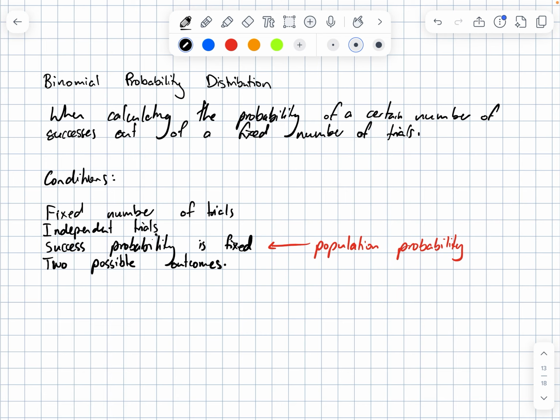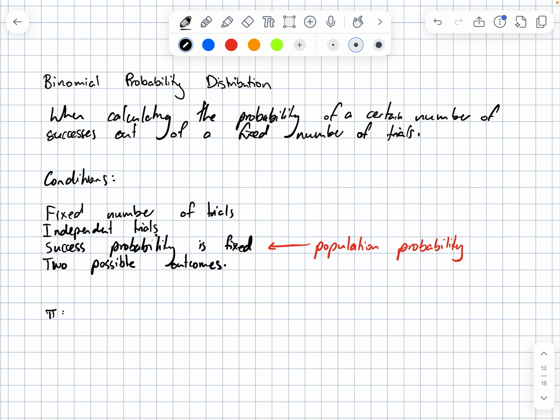And as a result, it's not given the letter P in the formula. It's given the letter pi. And so in our formula, we have pi is the probability of success. In probability, if a Greek letter is used, that tends to mean that we're dealing with a population probability.